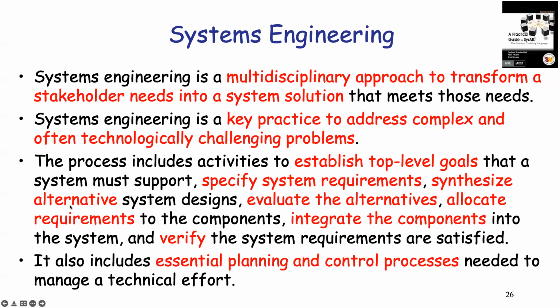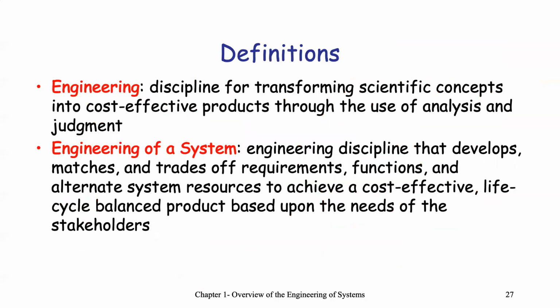You need a phase where you do an analysis of alternatives, evaluate those alternatives, allocate the requirements to the components, integrate the components into the system, and verify the system requirements are satisfied. It also includes essential planning and control processes needed to maintain a technical effort.